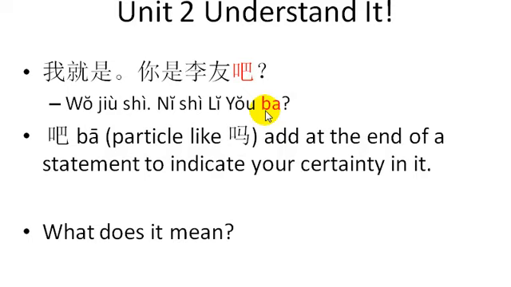You can add ba at the end of a statement to express your certainty in that statement. So Wang Peng can tell by her voice that it's Leo. So he says, you're Leo, ba. And the ba is expressing his certainty in what he just said.